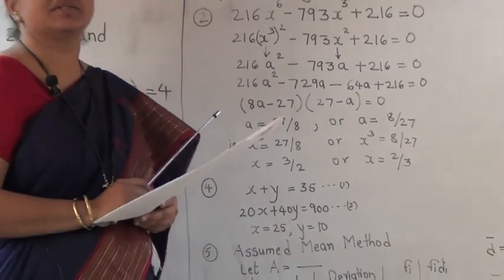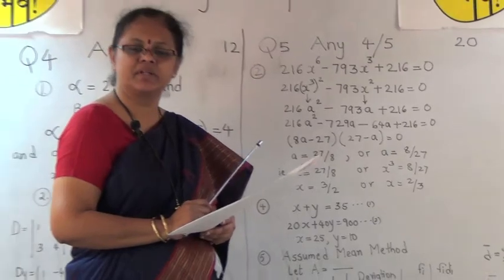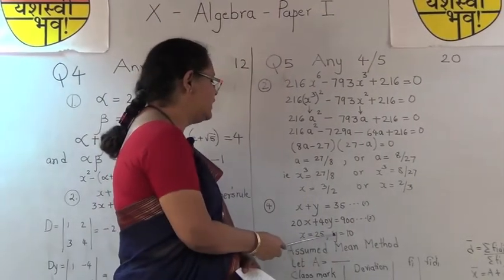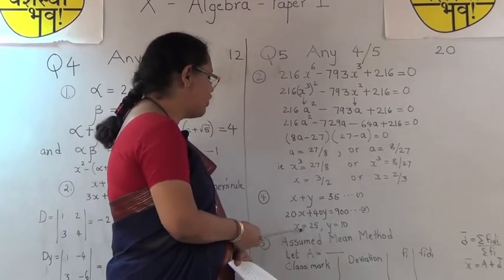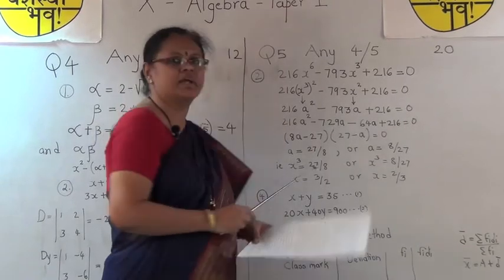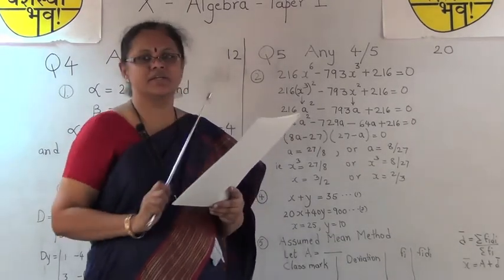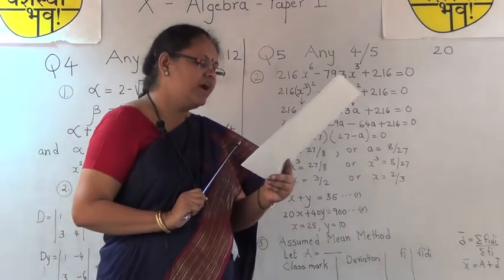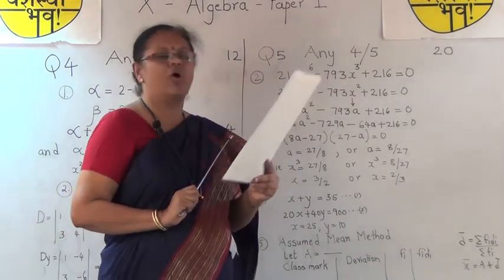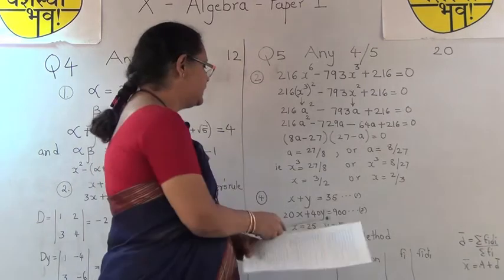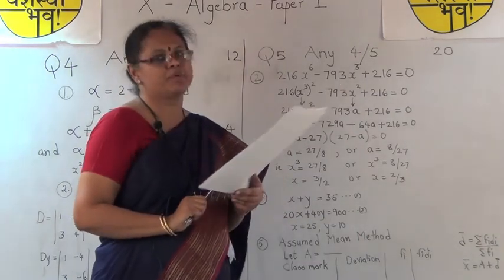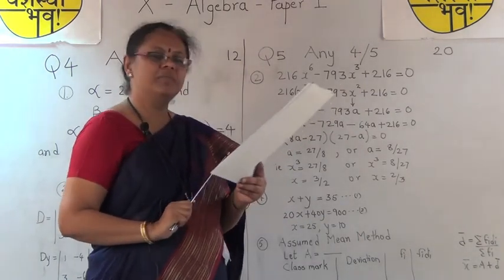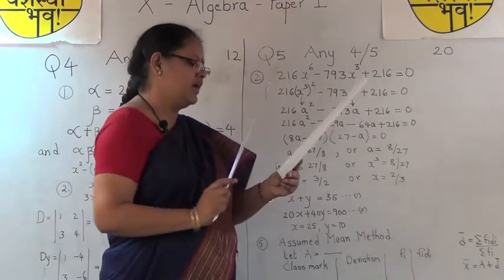Whenever you solve such a statement sum with simultaneously, please do not forget to write the answer first in the form of x is 25, y is equal to 10, and do not forget to write the answer in words, because 25 would be the number of tickets of rupees 20 each and 10 would be the number of tickets of rupees 40 each.